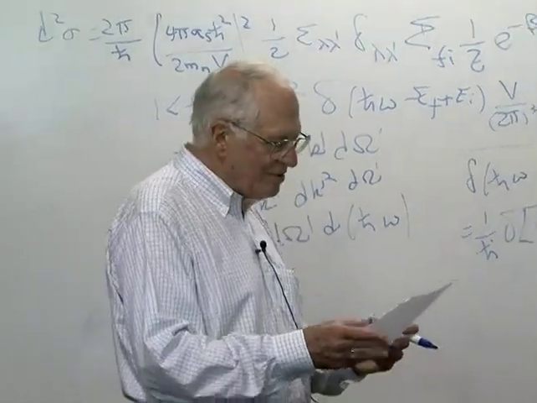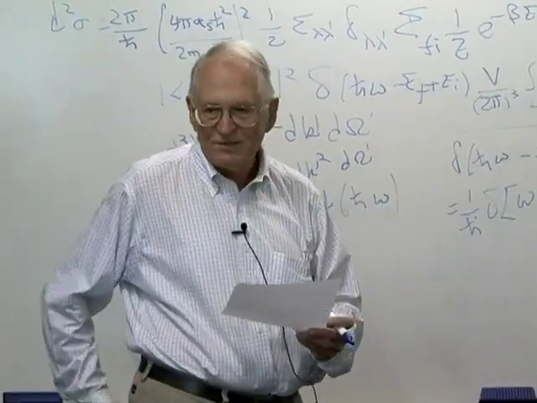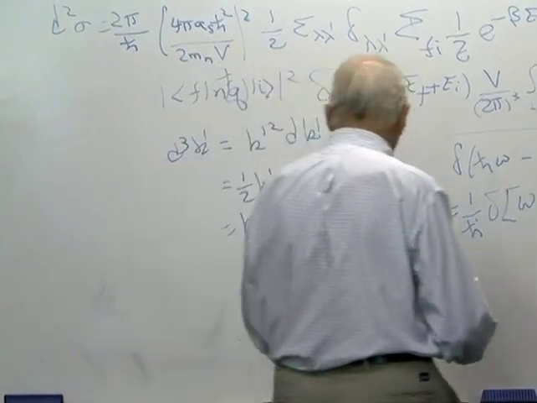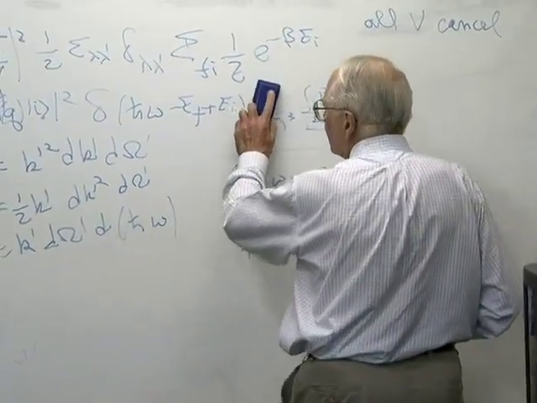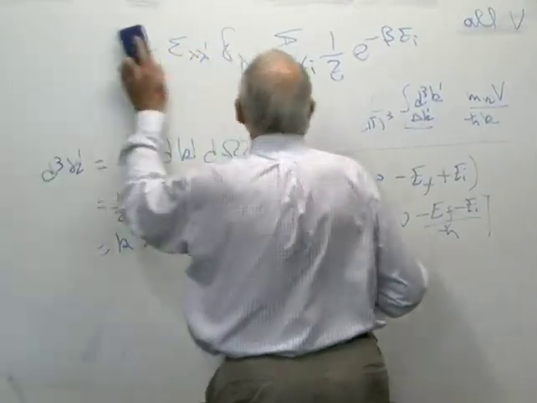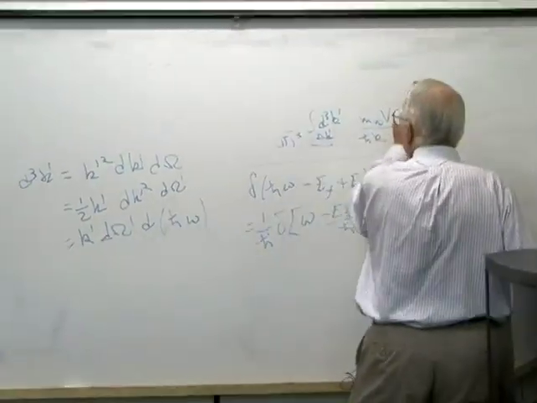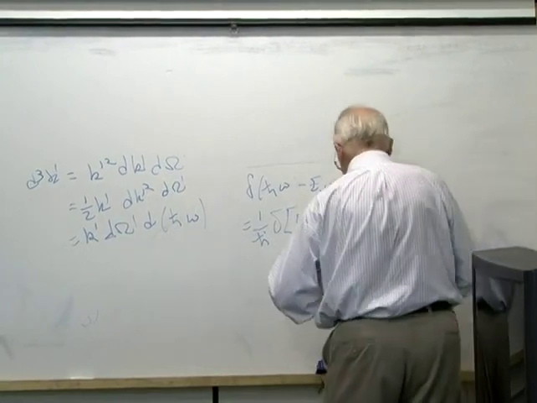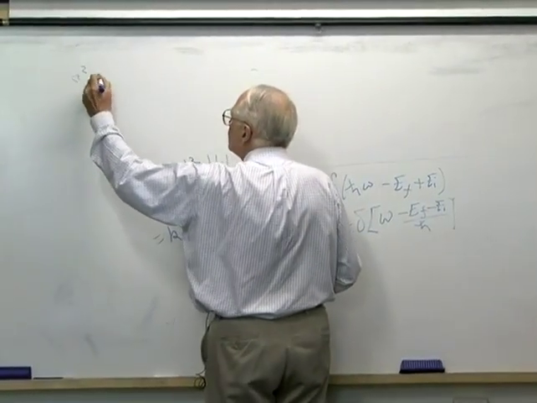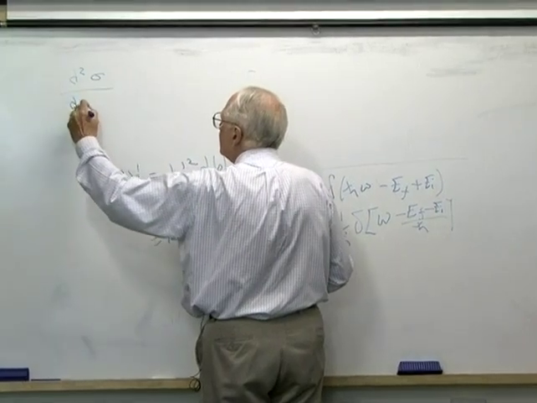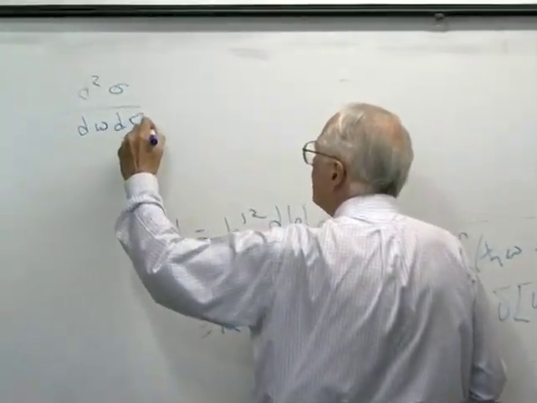And at the end of the day, you get a very simple formula. And this is a conventional way you write it. So I'm going to have to erase something. Let me erase this. And I'll write you the final answer in the following very elegant and simple form. So the final answer is d²σ over dΩ′ dE′.